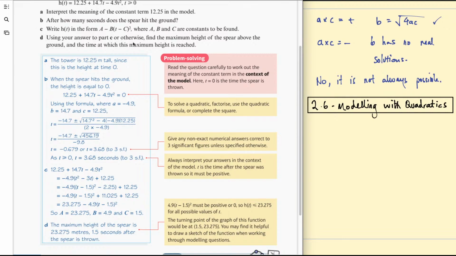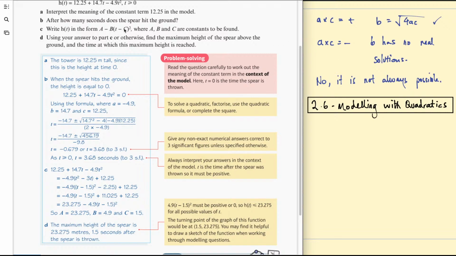Part D says use your answer to part C, find the maximum height of the sphere above the ground and the time at which the maximum height is reached. Remember when we did completing the square, we also learned how to read the maximum straight from that expression.